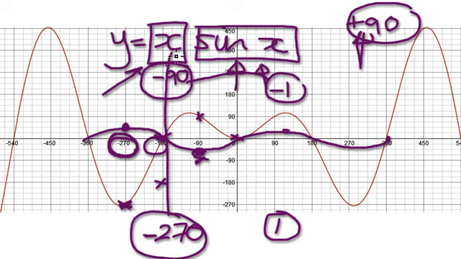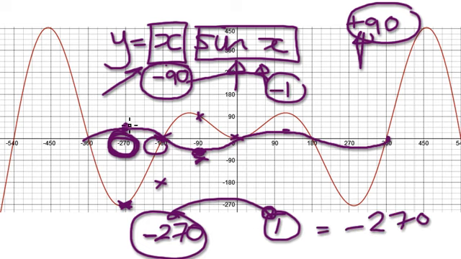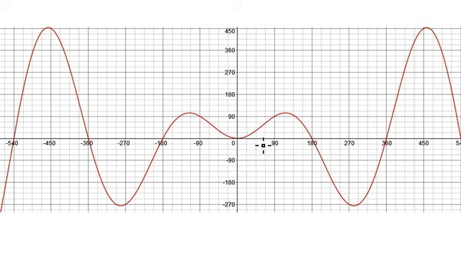So this here is your x part, and this here is your sine of x part at negative 270. Now combine the two. This times this will be negative 270. So even though the sine x part is on the positive side, when you combine the two, it will take you to the negative side. So it will be like this.